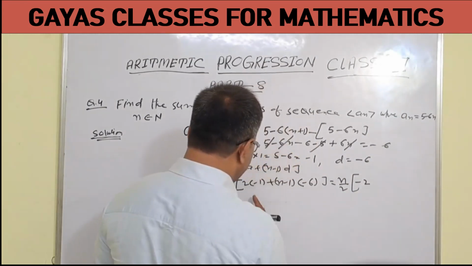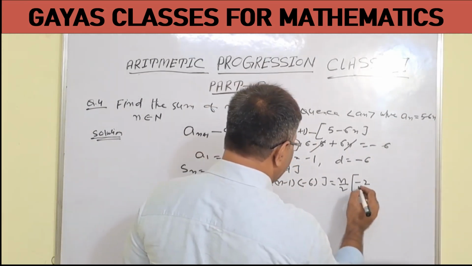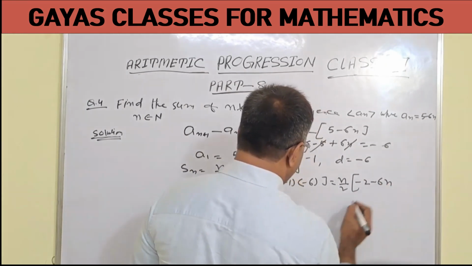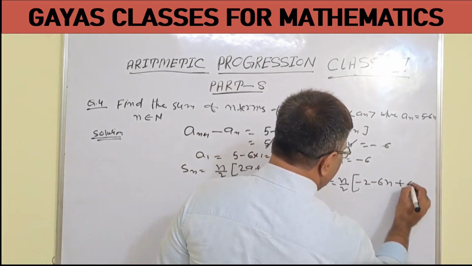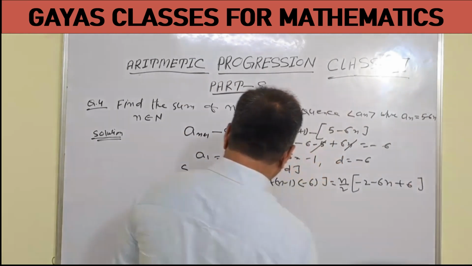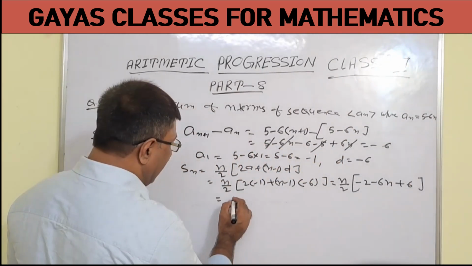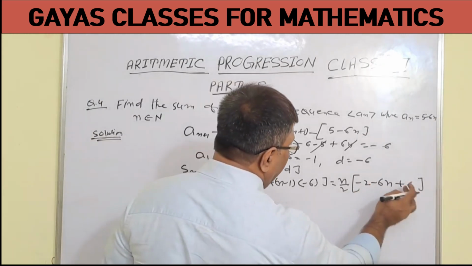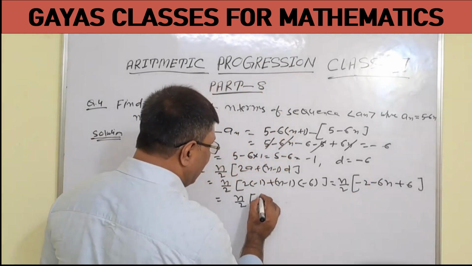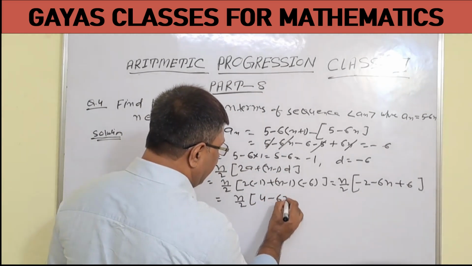So this is minus 2 and minus 6 into n. This is what? Minus 6n. Minus 1 into minus 6, this is what? Plus 6. Okay. So now we can write this as n by 2 into minus 2 plus 6, which is 4, minus 6n.